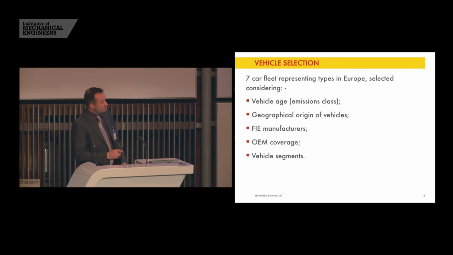So then we applied the finalised method to a vehicle fleet. We selected 7 vehicles representing models from Europe, and considered a range of vehicle ages in the selection, a range of geographical origins, a range of FIE manufacturers, a range of OEMs, and coverage of several vehicle segments.